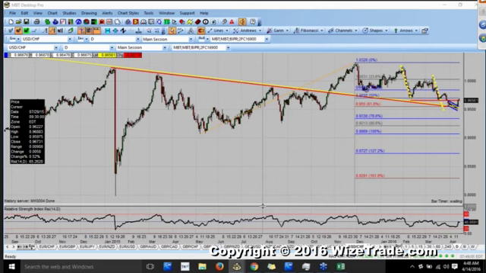So if anything, I want to be a seller of Swiss francs as it rallies. Now, I do agree that if there is some sort of European contagion, especially with a Brexit or something like that, the Swiss franc will be bought temporarily for safety reasons, because institutions will say, I don't care if I have to pay 2%, or 3.5% or 0.75%. Who cares? As long as I know my money is safe.